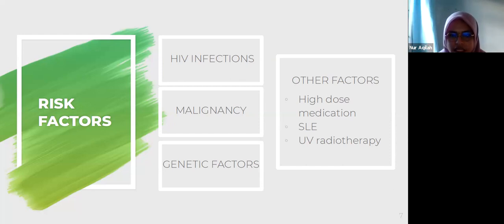Other factors that increase the risk of SJS are high-dose medication, like the carbamazepine we talked about just now, and patients who have SLE or who are exposed to UV radiotherapy.